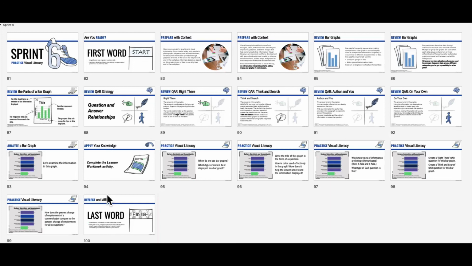Oftentimes, when learners are practicing a skill, they are flooded with different types of data, like bar graphs and pie charts and line charts. All of that data is important. This particular sprint and all of the sprints in Lesson 1 take just one of those skills, like bar graphs, and really helps you work through that skill at depth, separate from all the other visual literacy skills, so you can really concentrate on just that skill.